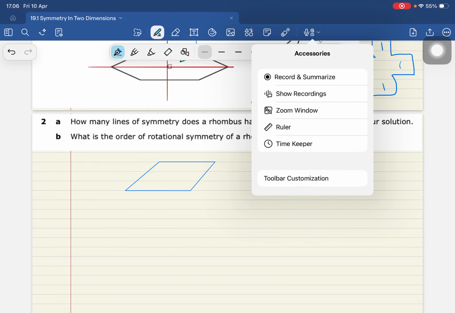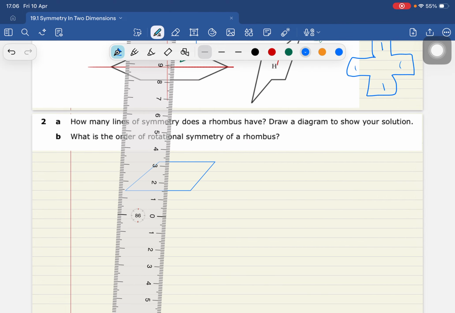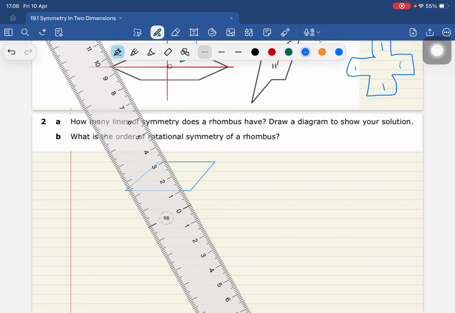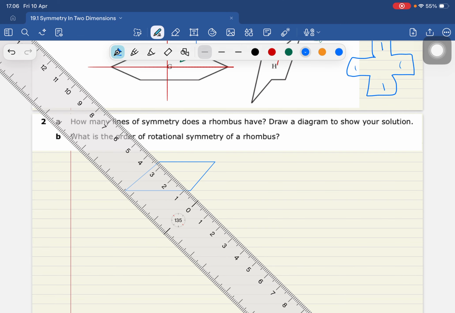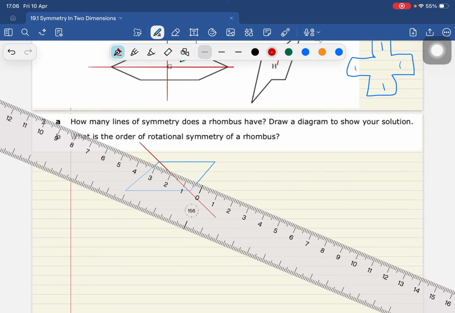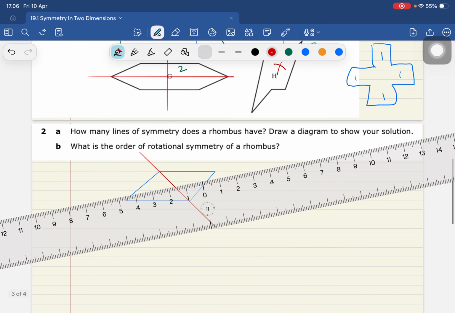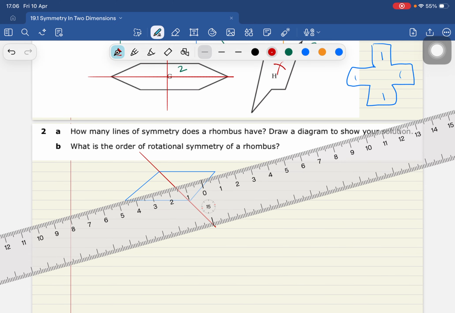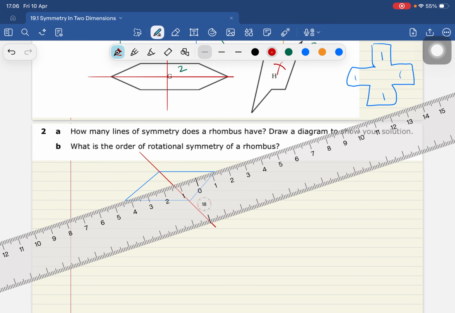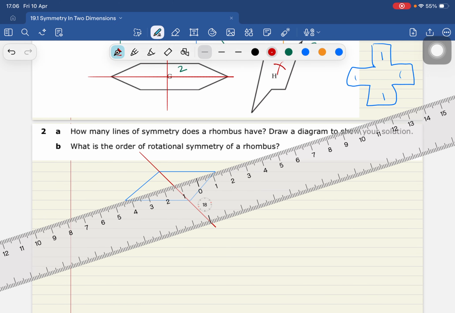So the first line, we cannot make it like this, up and down. However, we can here, as they are equal, so we can draw the diagonal line. Here, if they are equal, we can make it the same. So only 2.